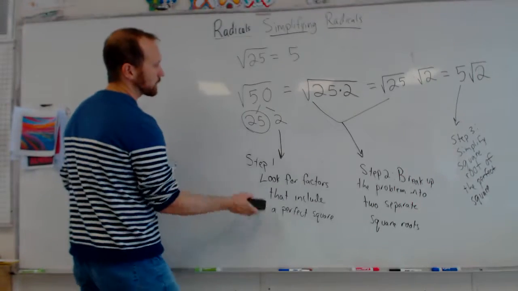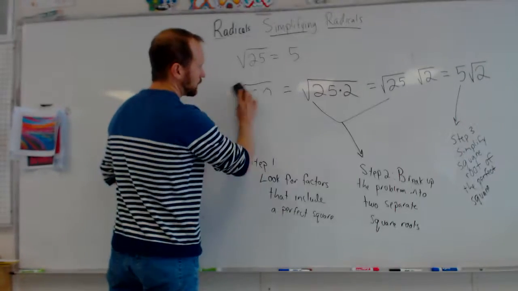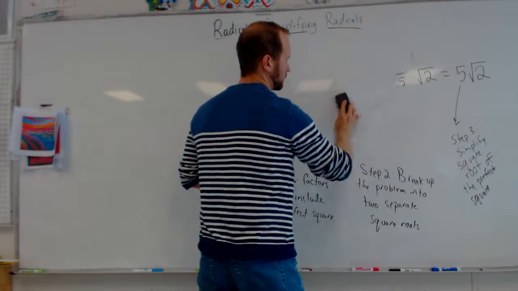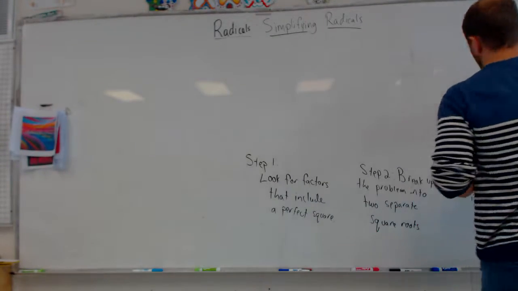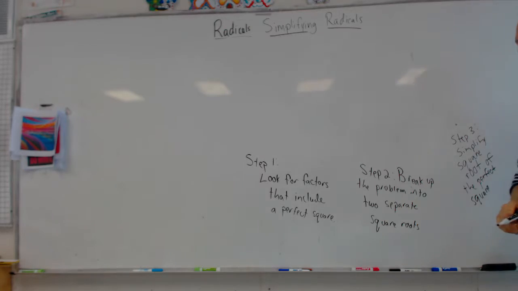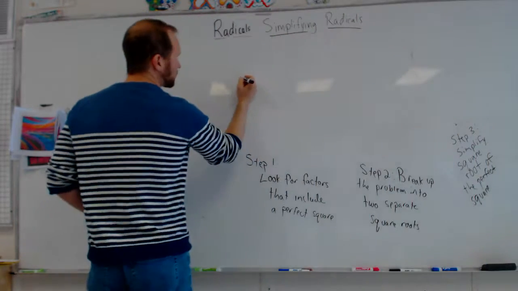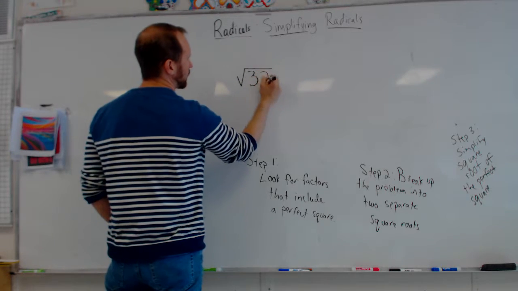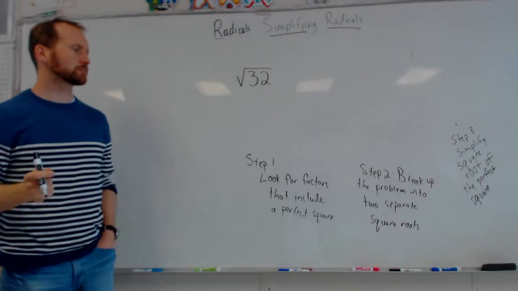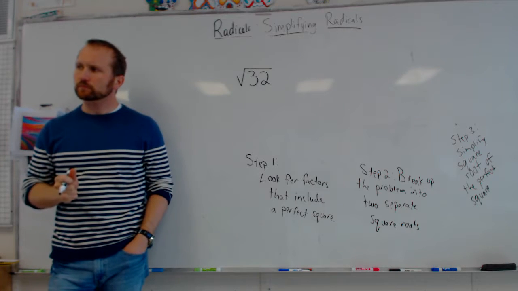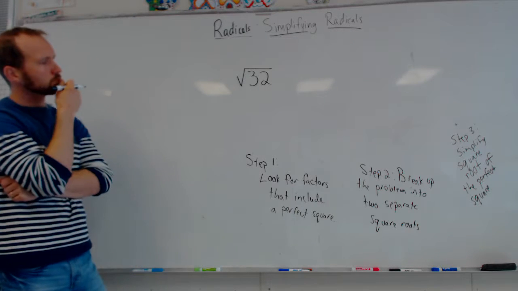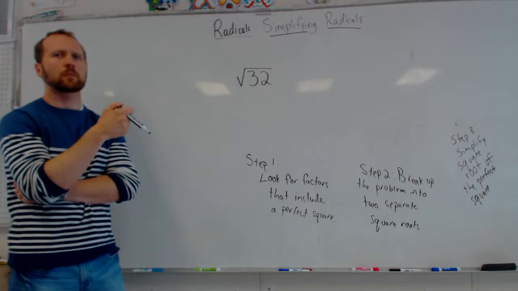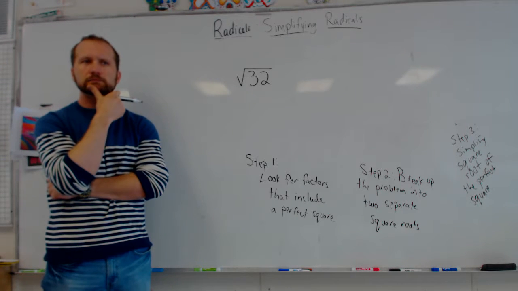Let's look at another example. Another example would be the square root of 32. What can I do with that?